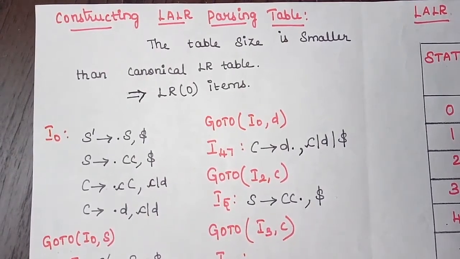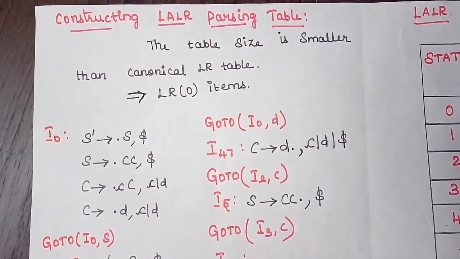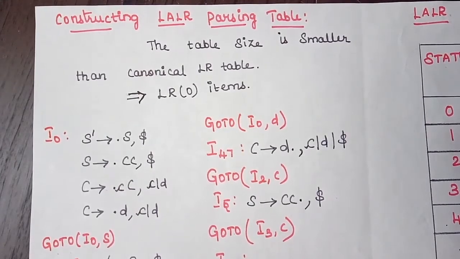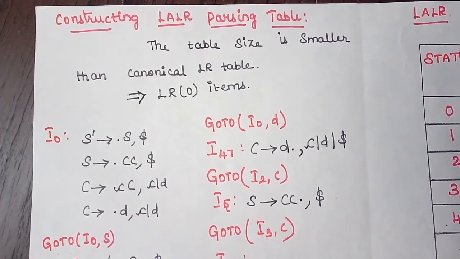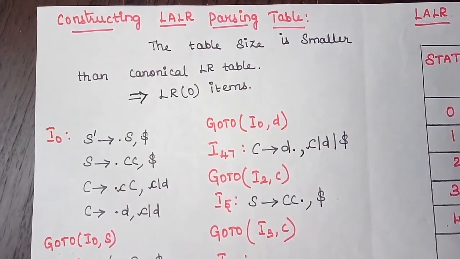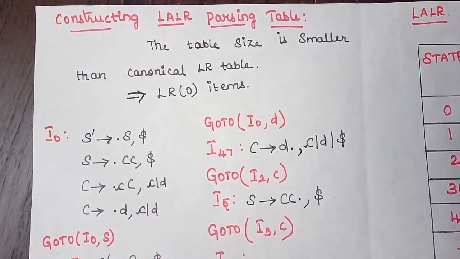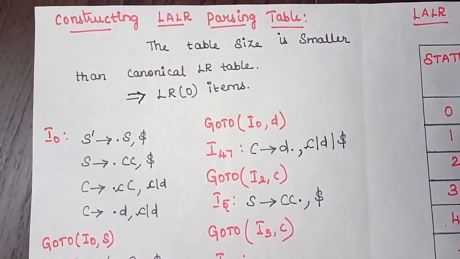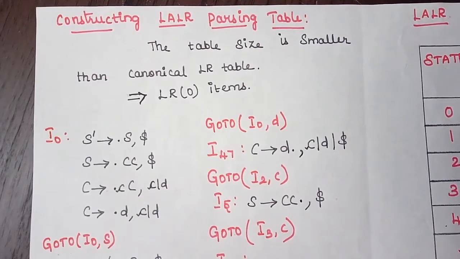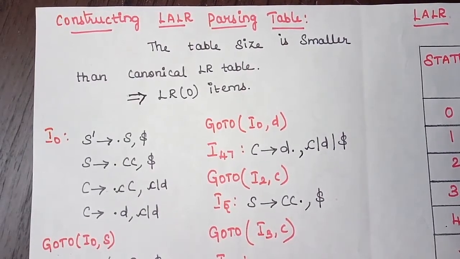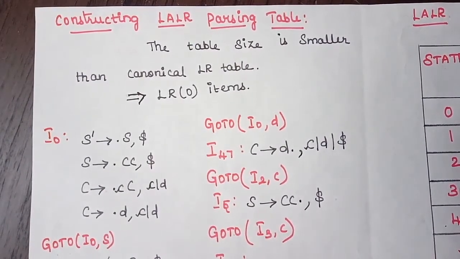Since the table size is smaller than the canonical method, it is much easier and more economical to construct these LALR tables. We already know that the canonical LR parsing table uses LR(1) items, and the LALR parsing table uses LR(0) items.